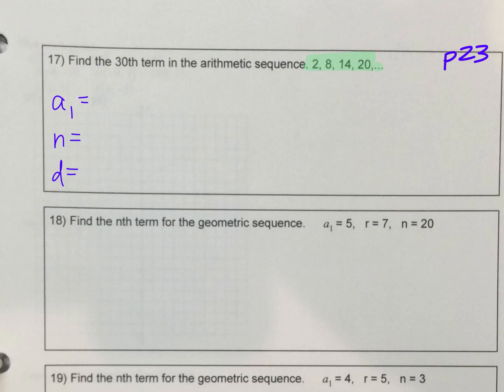The first number in that list is a 2. N is what I'm looking for. Well, when I read, it says find the 30th term of the arithmetic sequence. So I'm looking for number 30. D is what I'm adding over and over. 2 plus 6 is 8. 8 plus 6 is 14. So I'm adding 6. So I still use the same formula.